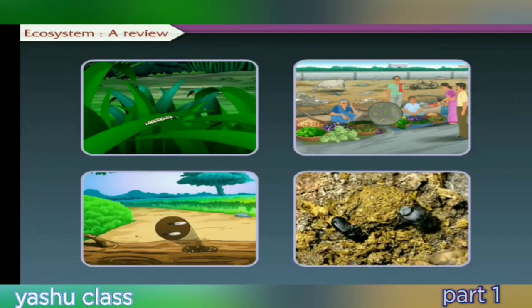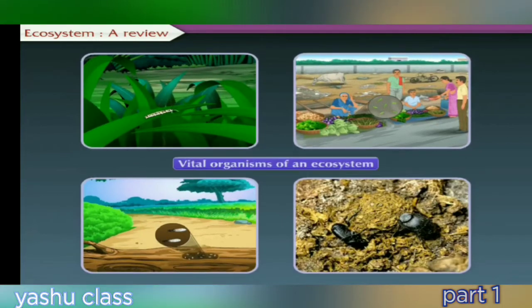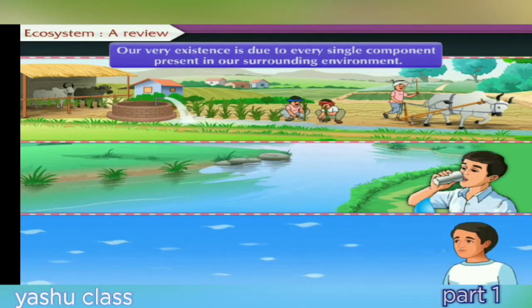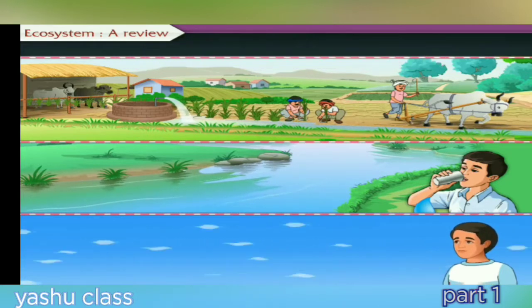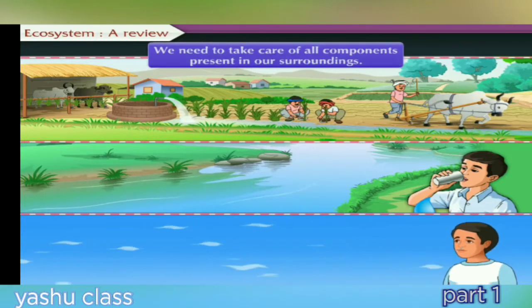Even if all these organisms appear dirty and grimy, they are also vital organisms of an ecosystem. They are the cleaners of the ecosystem. Thus, our very existence is due to every single component present in our surrounding environment. Hence, we need to take care of all these components.